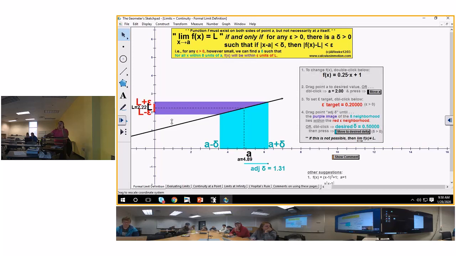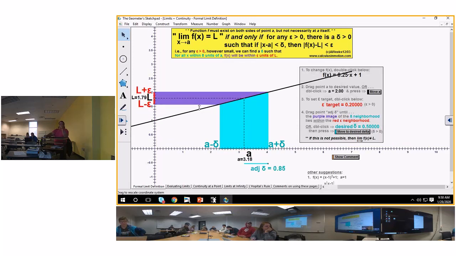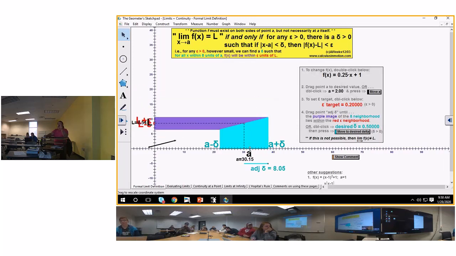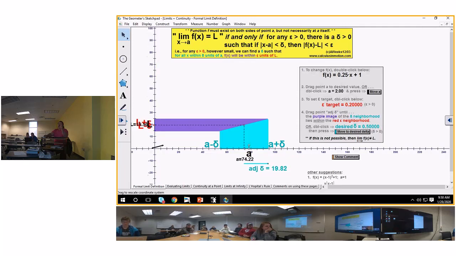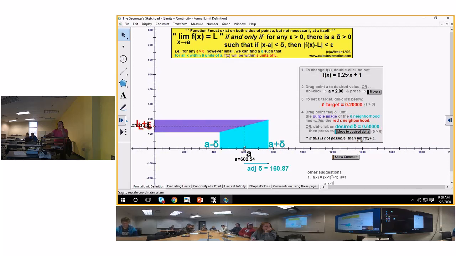So the actual limit, when you're given a limit and they say x approaches, I'm trying to find a nice number here, and it won't let me. Well, 600. When x is approaching 600, your y is approaching 152 or 151.6.